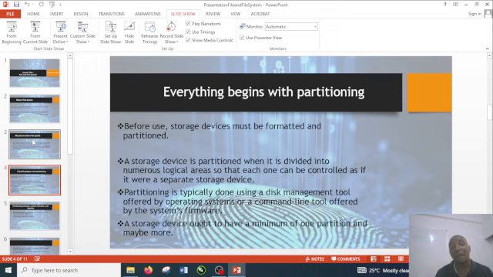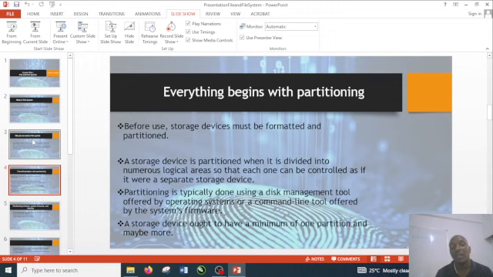I'm very much aware, because last semester we did something on our computer repair and maintenance. We did how you can format a hard disk, how to do the partition. And if you didn't get it clear, it's good to revise, because that's where we talked about partitioning. And we say that partitioning is typically done using what you call a disk management tool offered by the operating system, or a command line tool offered by the system firmware.